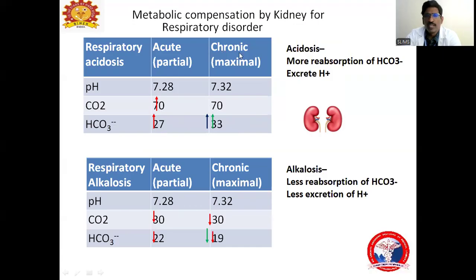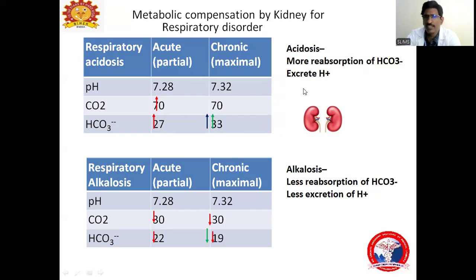Now, to have a look at all the conditions. For a respiratory acidosis, the kidney can compensate. For a metabolic acidosis, the lungs compensate. In the case of respiratory acidosis, how can the kidney compensate? For acidosis, it reabsorbs more bicarbonate from the urinary tubules, or it can excrete hydrogen ions.